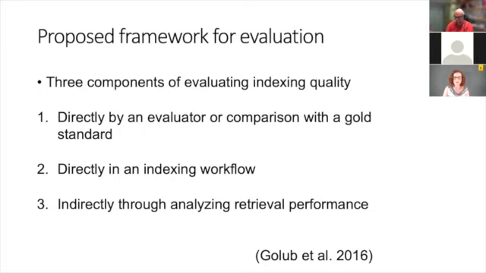Another step is to look at an indexing workflow, use semi-automatic indexing software, see what kind of decisions are made and try to understand why. And finally, since the purpose of subject indexing is improved information retrieval, also analyze the results during retrieval. There is a lot more to say on this, and I'm happy to talk more about it during the discussion.